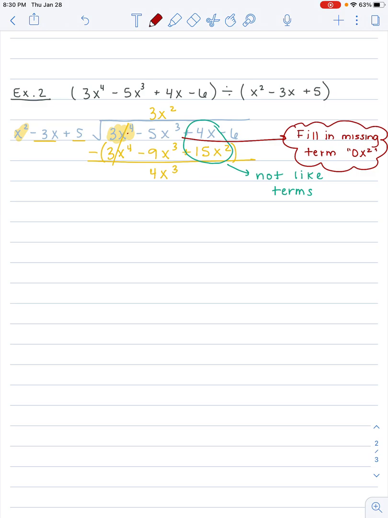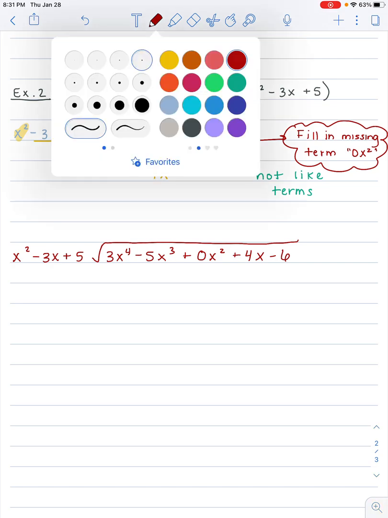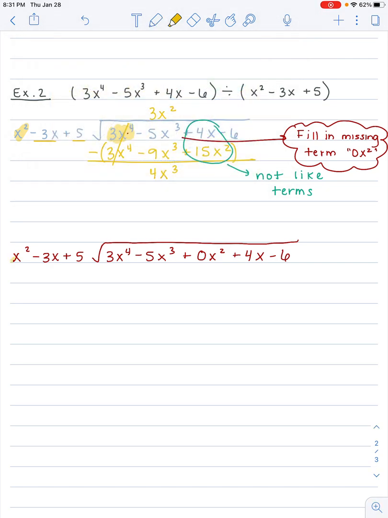When you have a missing term, you want to put that placeholder in to help you out. So let's restart this problem with that placeholder in there. We've got x squared minus 3x plus 5 into 3x to the fourth minus 5x cubed plus 0x squared plus 4x minus 6.